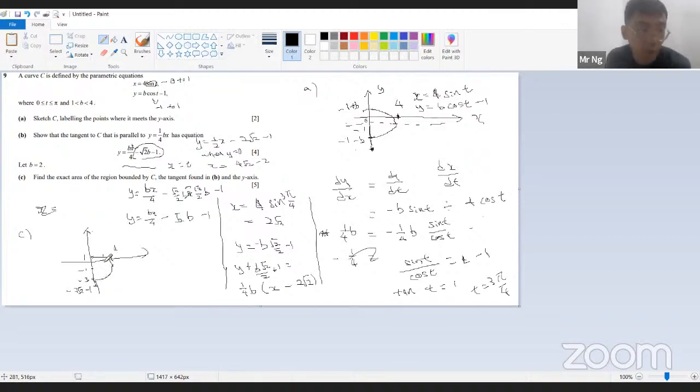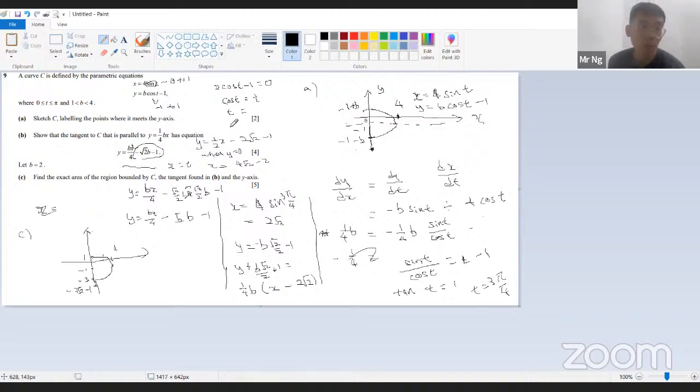Okay, so let's find out what this is. This is when your y equals 0. So 2 cosine t minus 1 equals 0. So cosine t equals half. So t equals pi over 3.